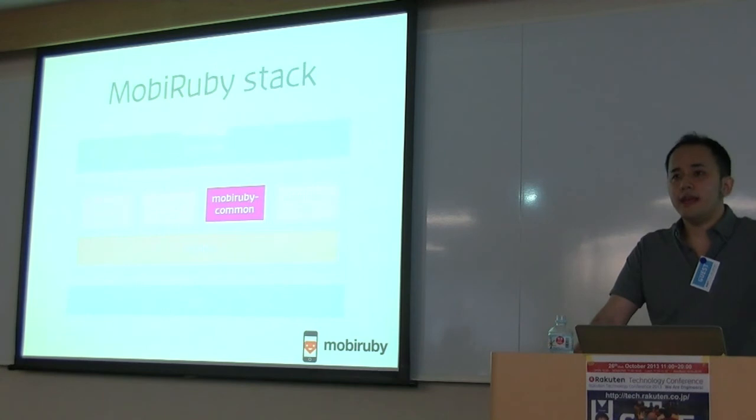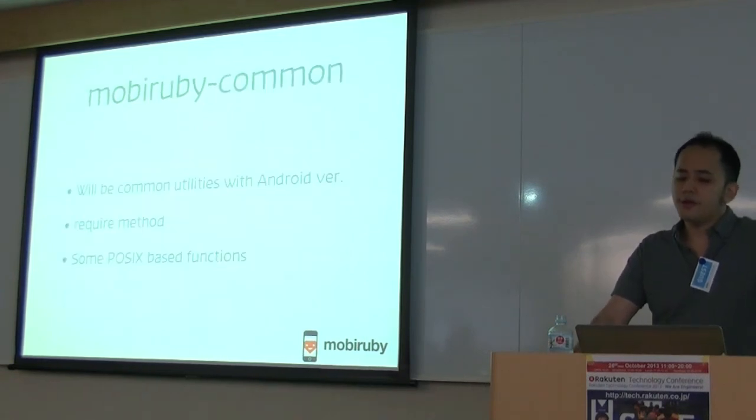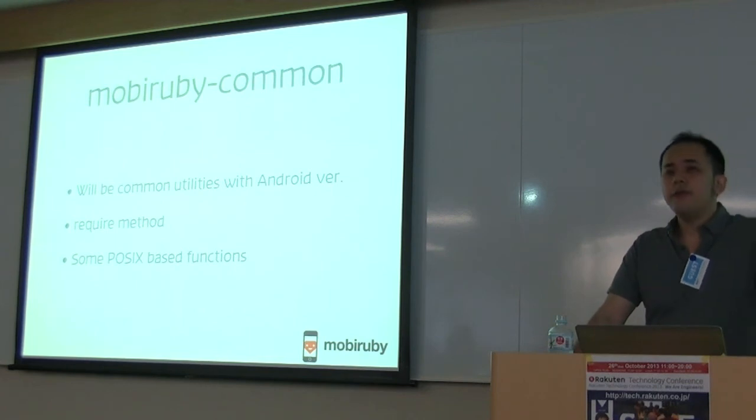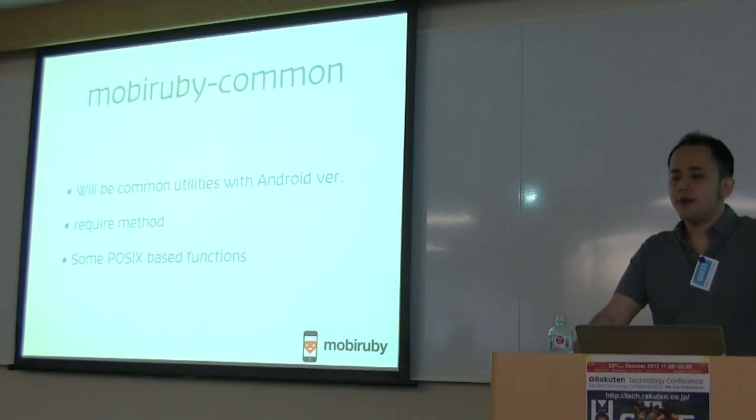And the fourth component is Mobiruby Common. It's for the future release, when we release the iPhone and Android versions. It provides common utilities among the iOS and Android versions. Currently it provides only require and load methods. Standard mRuby does not have a require method, because mRuby does not have file I/O capability.